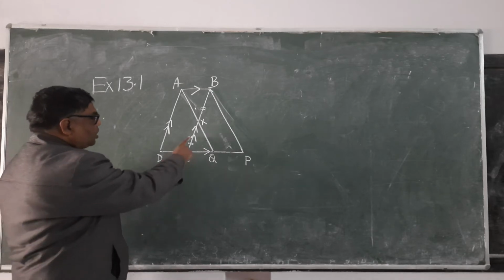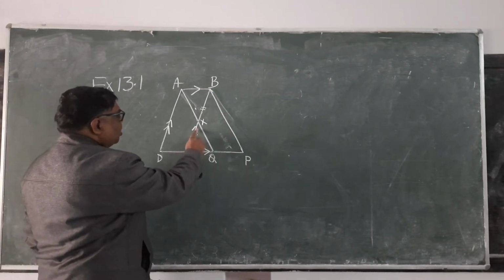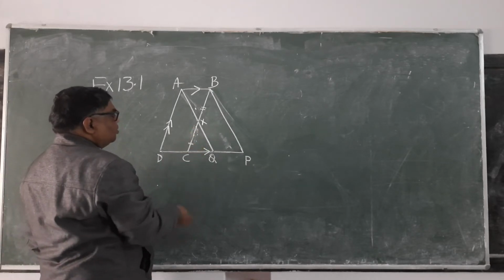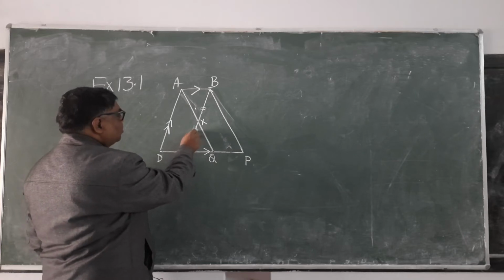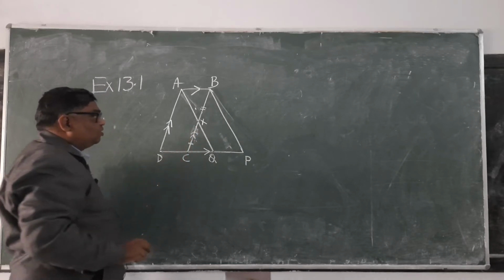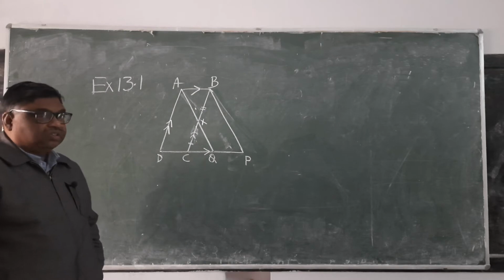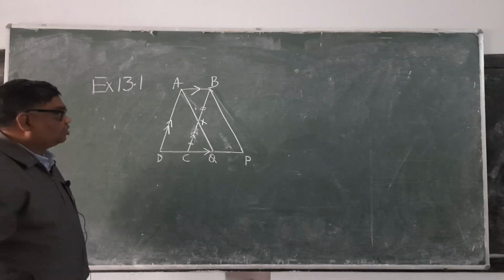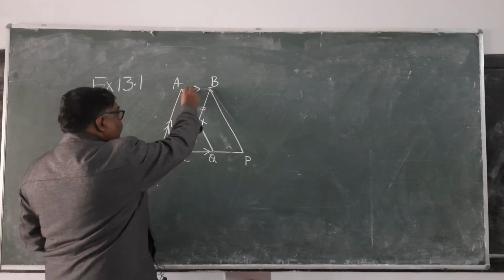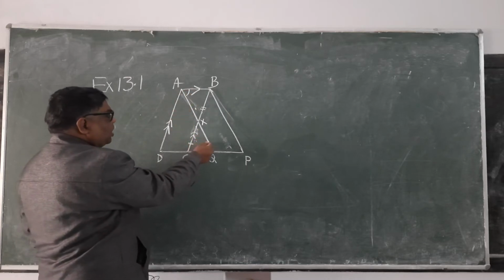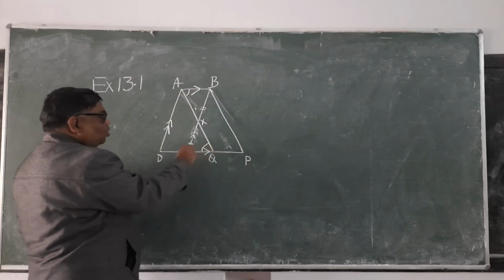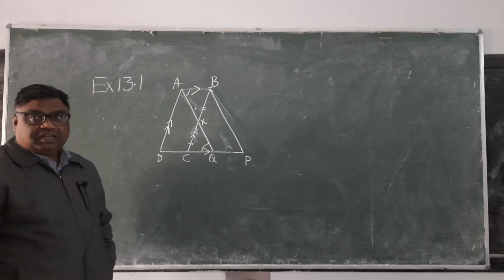How will you prove it congruent? Now you name in 3 letters. So see here, angle BAX equals angle CQX. It is clear?